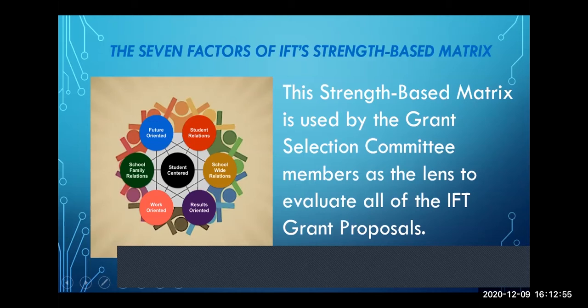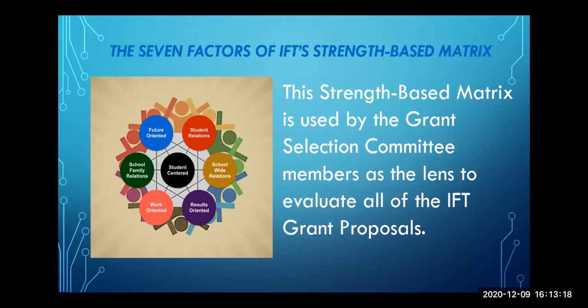Each one of these 7 factors has a weighted score of about 3, so it's worth about 3 points. If you were to get a perfect score on your proposal when it's submitted, you would have a score of 21. How we do that is we look at the funds that we generally have to provide for that particular year. Based on scores, we do the tally, see where everybody ends up, and then we come up with an actual cutoff score.